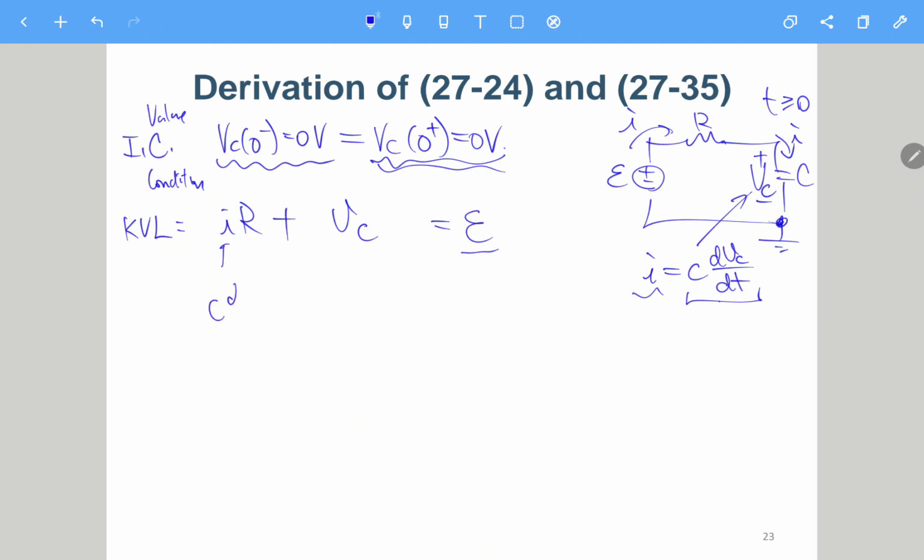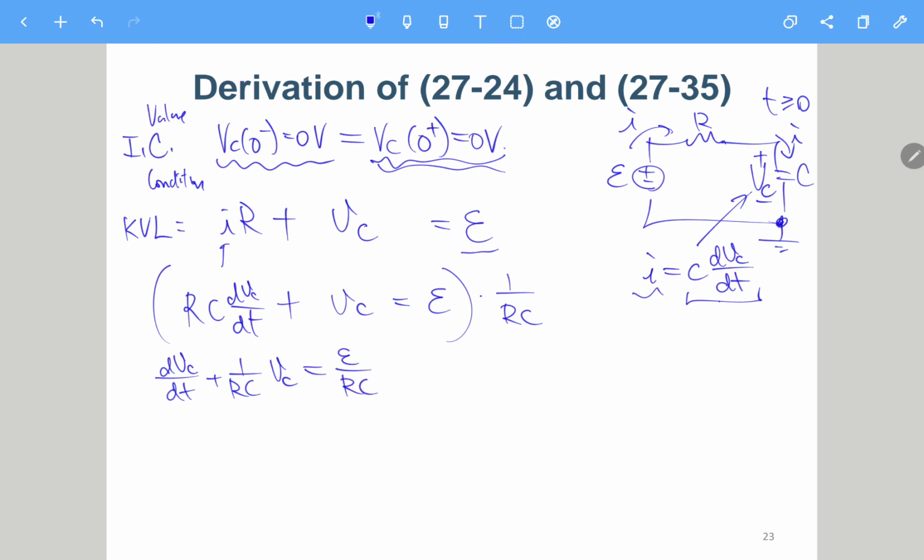So we have C dVc/dt multiplied by R. Let's put it in the front, and then plus VC equals E. We can divide both sides by RC, so we will have dVc/dt plus 1 over RC VC equals E over RC.